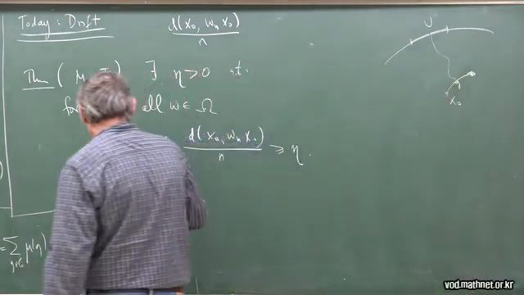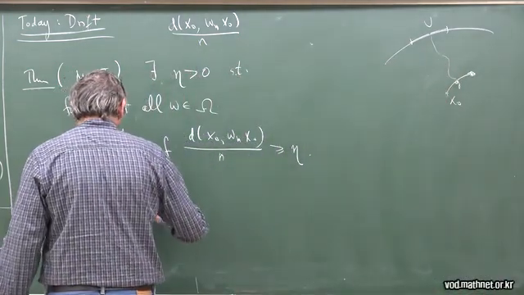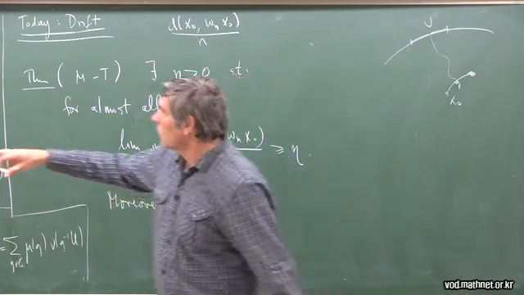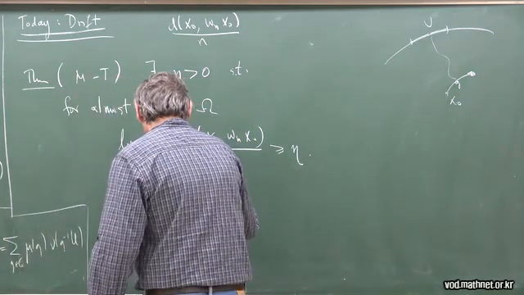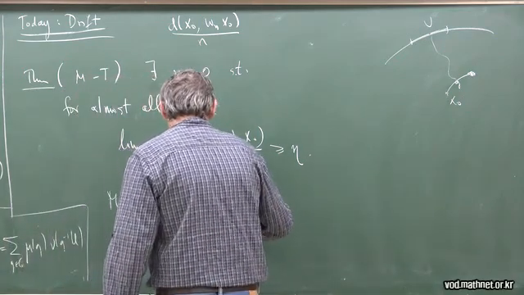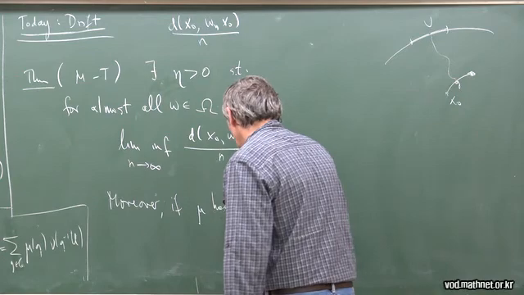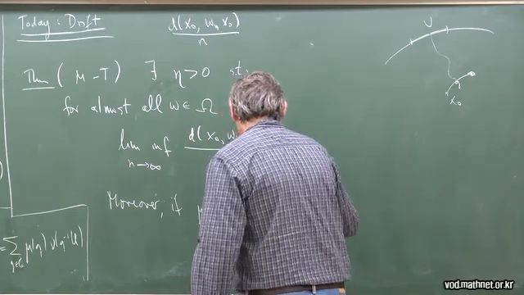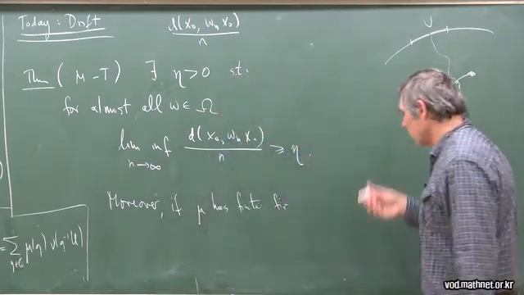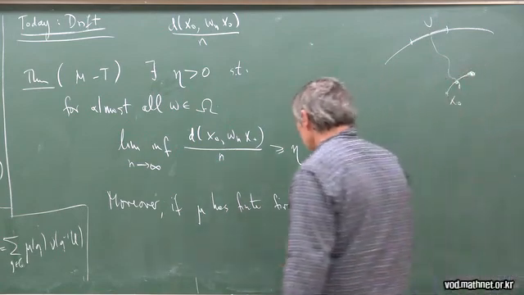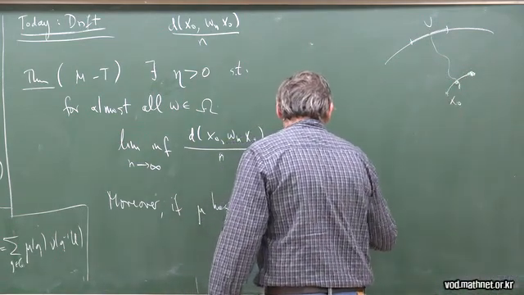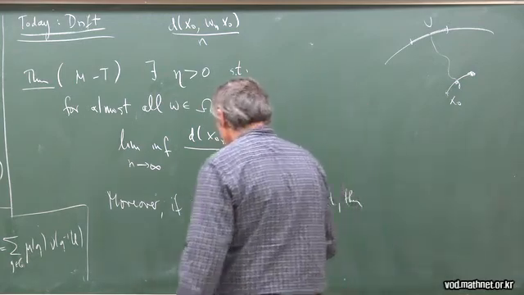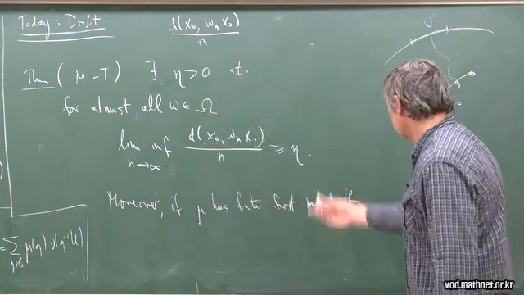Moreover, there is now a mild additional condition. So this is without anything else, just our standard assumptions. But if mu has what's called a finite first moment, which is true for most random walks of interest, then in fact this limit exists and it's positive.